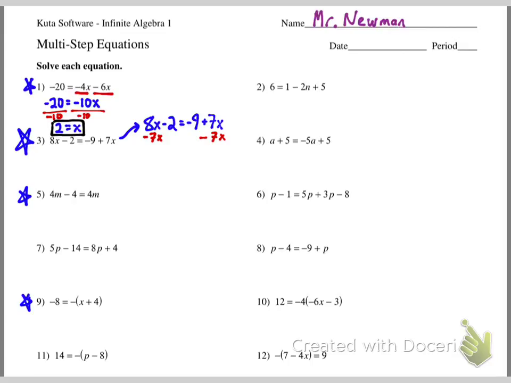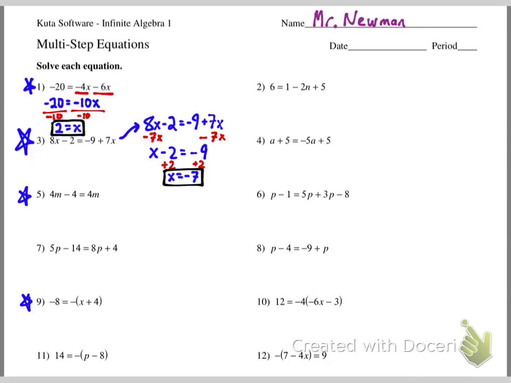I just know if I subtracted 8x, I would end up with a negative x, and that would be one more step I'd have to do down the road. So I subtracted 7x instead, the smaller of the two x's, and that gets me a positive x. So x minus 2 equals negative 9. Now we add 2 to both sides, trying to get x by itself, and x equals negative 7.